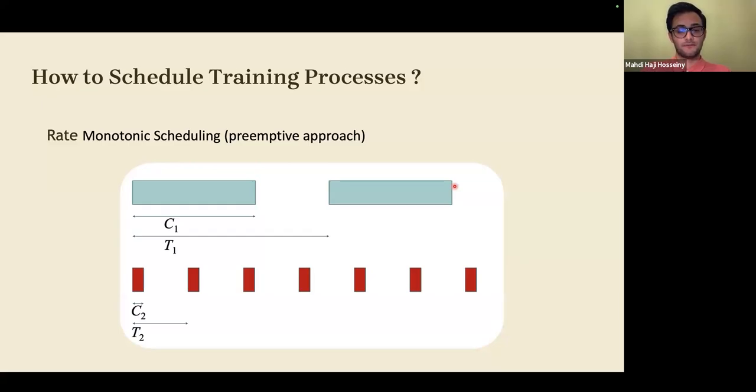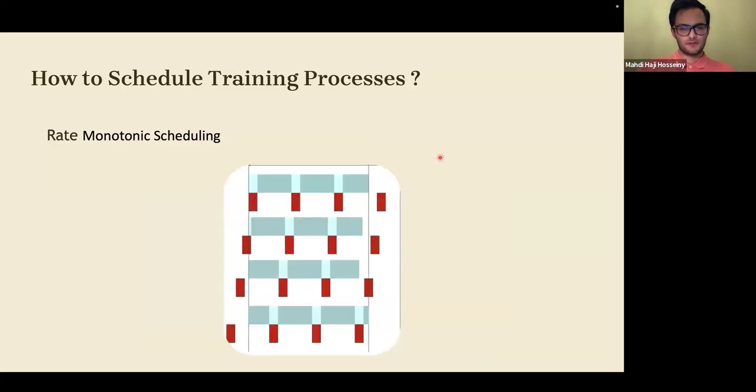But it's not easy to dedicate a period to training a federated learning system in our CAVs because we don't know the exact period of our training model systems. This is the explanation for rate monotonic scheduling, where a more important task will interrupt other tasks with less frequency.